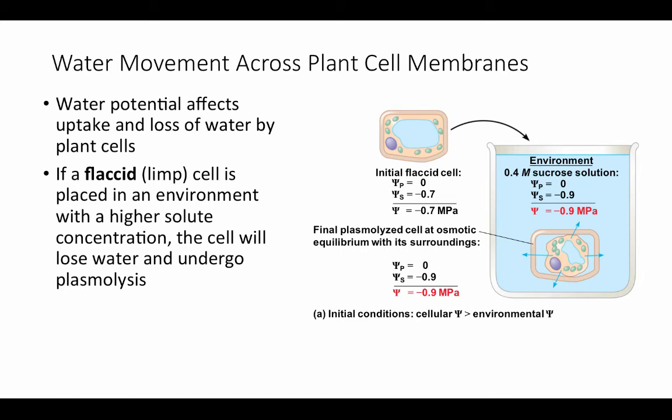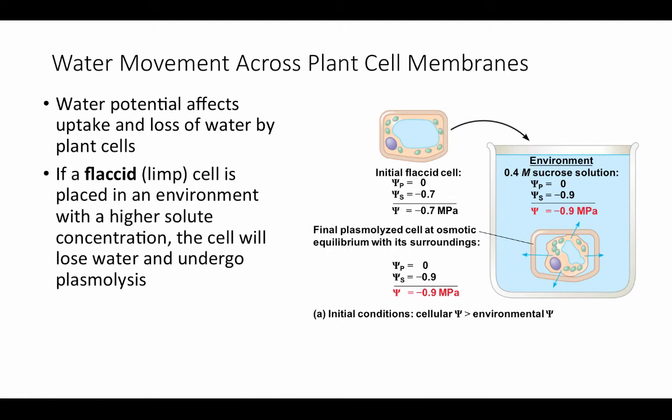In our initial flaccid cell, the pressure potential is going to be 0. The solute potential due to all the solutes within the cytosol is going to be negative 0.7. So we add those two together, and the total water potential is going to be negative 0.7 megapascals.